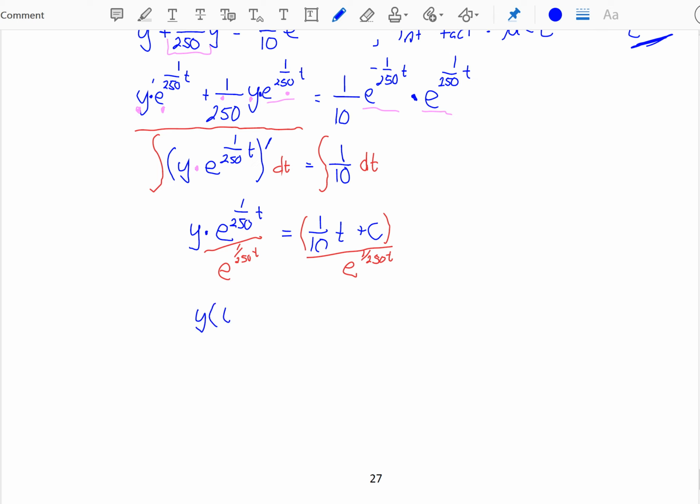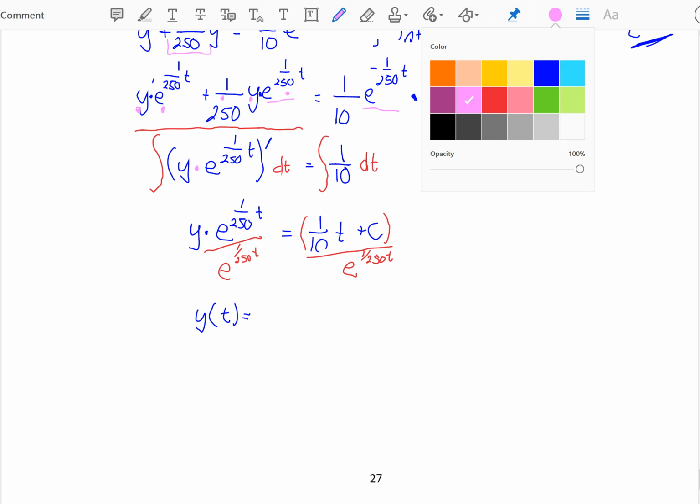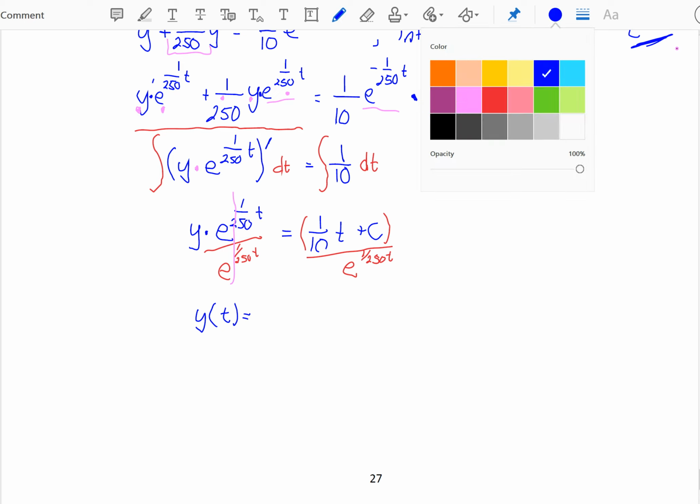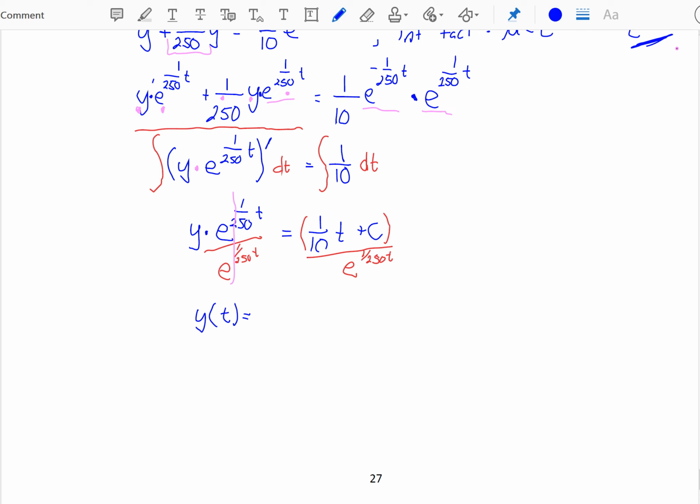Now, what I get here is y of t. Of course, on the left-hand side, those e to the 1/250th cancel out. So we'll just have then 1/10 t plus c times, I'm going to get rid of this fraction and introduce a negative exponent, e to the negative 1/250th t.